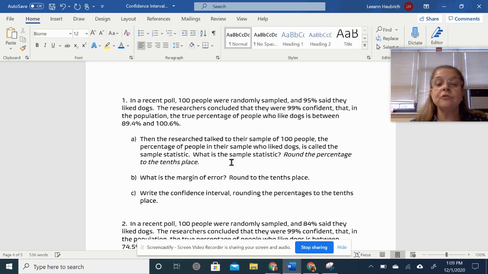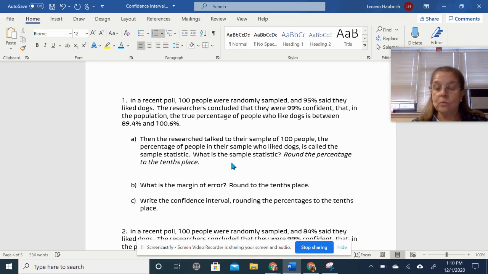So this is a 99% confidence interval. All I'm going to do for myself is write this down next to it in the range that I've been showing you how to write it. 89.4 for the low, 100.6 for the high.